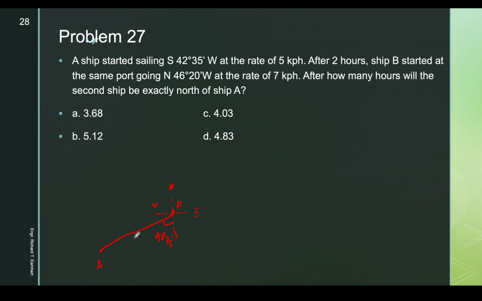And this is 5 kph, so the distance from P to A will be 5 times t, the rate multiplied by the time.